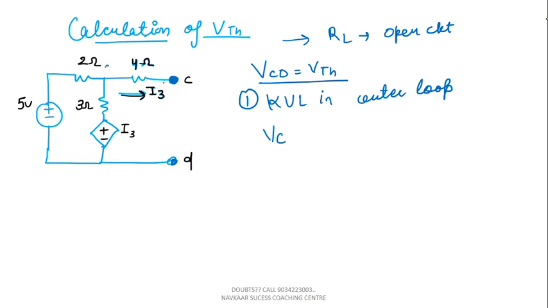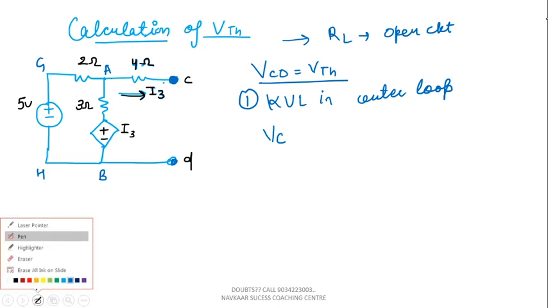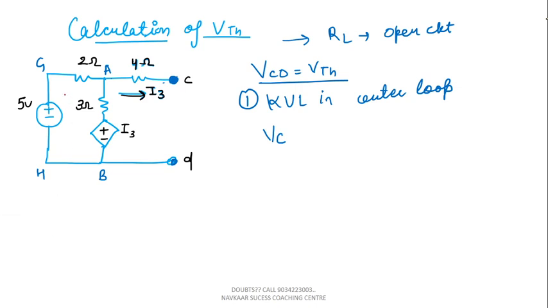Suppose this one is A and this one is B, this one is G and this one is H. You will move from C to A. As you can see, no current is flowing through the 4 ohm, so leave this. You are moving from A to G. First we need to mark the signs accordingly. Suppose this is the current flowing, I1, moving from G to A, so positive, negative.